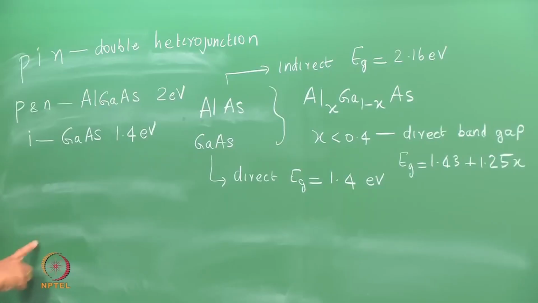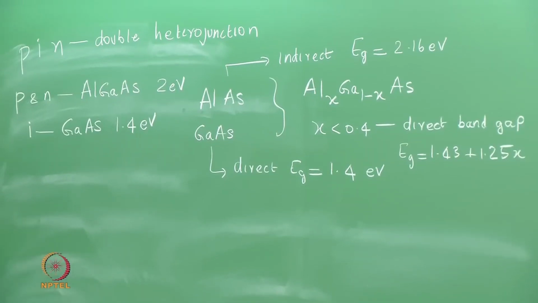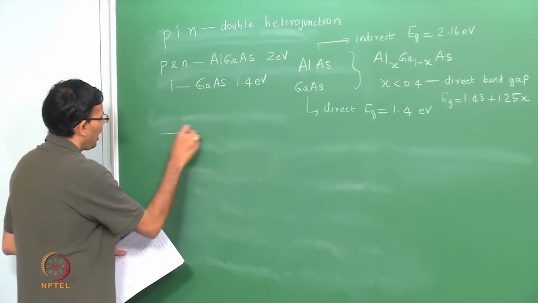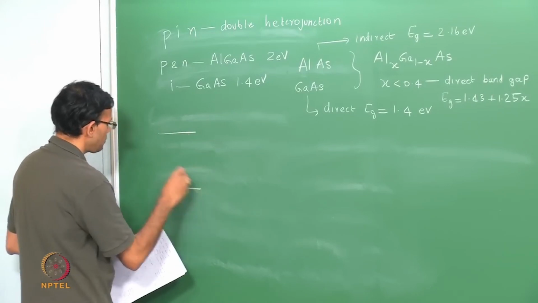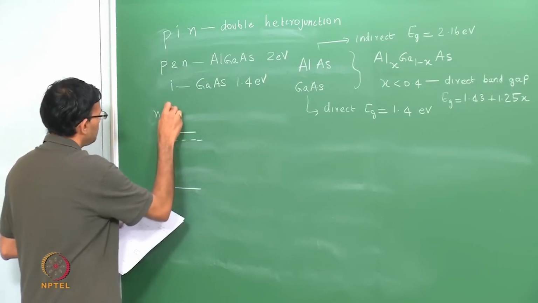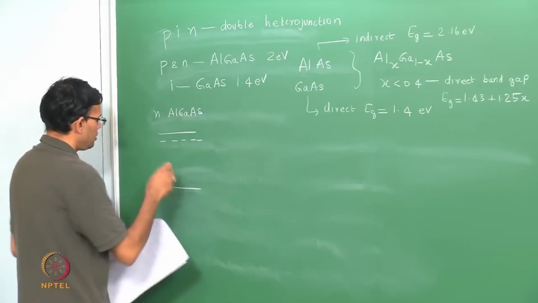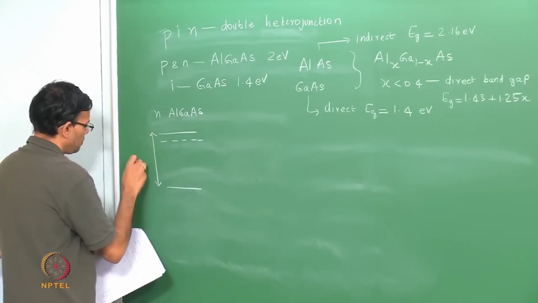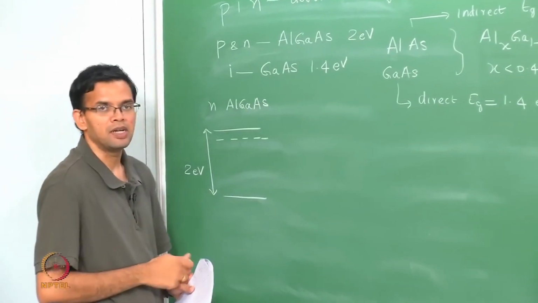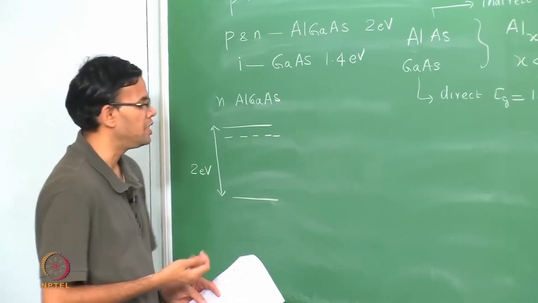So, let me first draw the energy band gap of these materials when they are far apart, and then when they come together in order to form the junction. So, I have my N type AlGaAs. So, this band gap is 2 electron volts. We then have intrinsic gallium arsenide, we can either have an intrinsic material or a very lightly doped material.